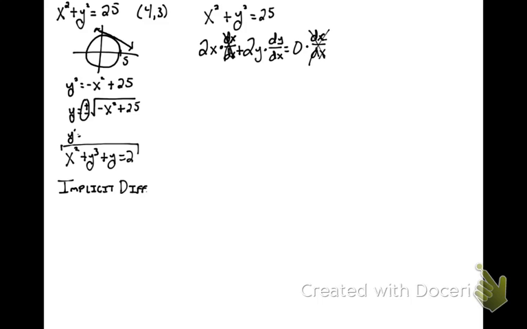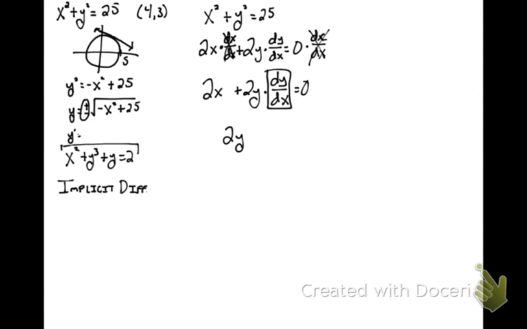So using all of that notation, which is important for implicit differentiation, we're left with 2x plus 2y times dy/dx is equal to 0. Now, what we're interested in is the slope of the tangent line, which would be related to dy/dx. So when we solve this for dy/dx, we'll be able to answer the question.